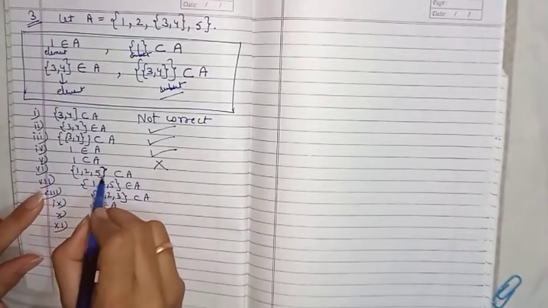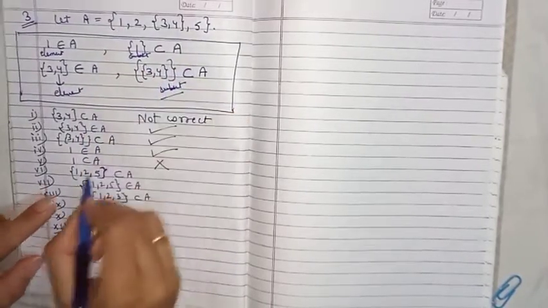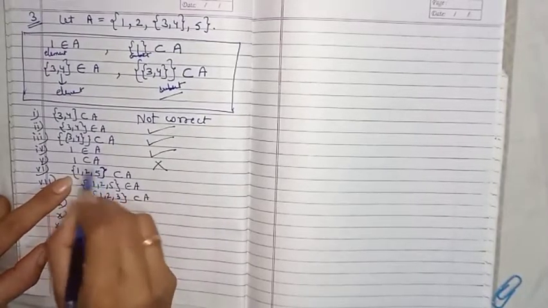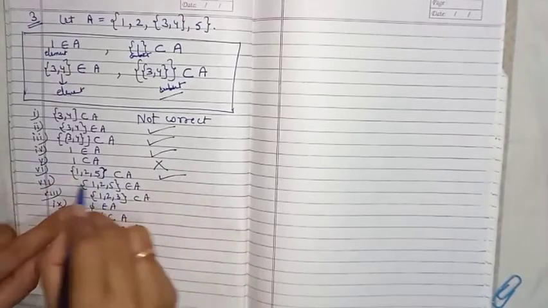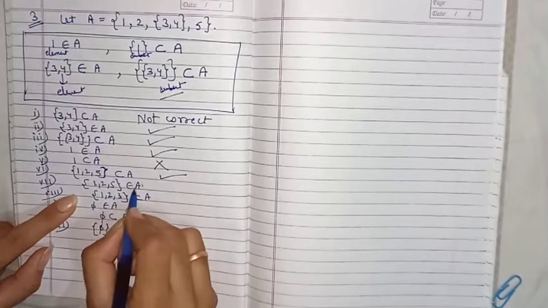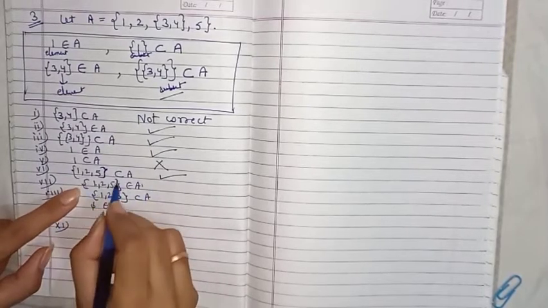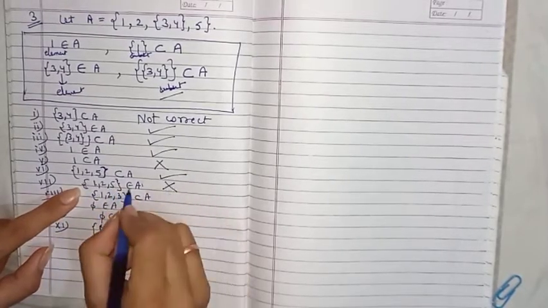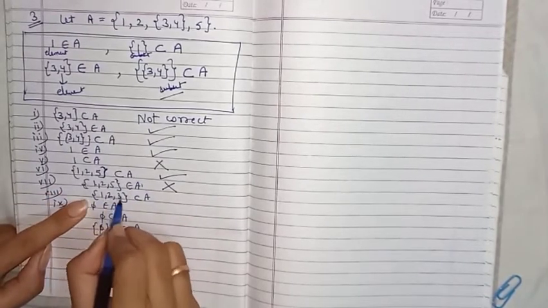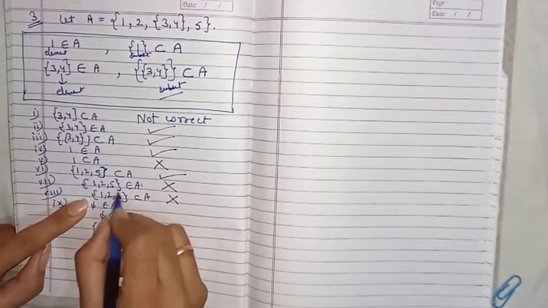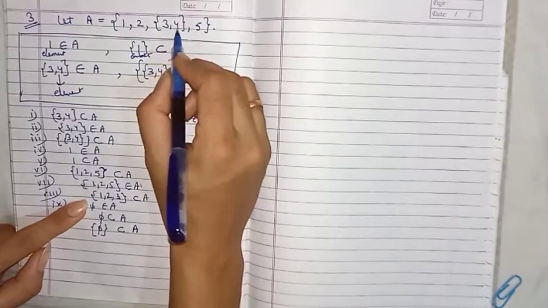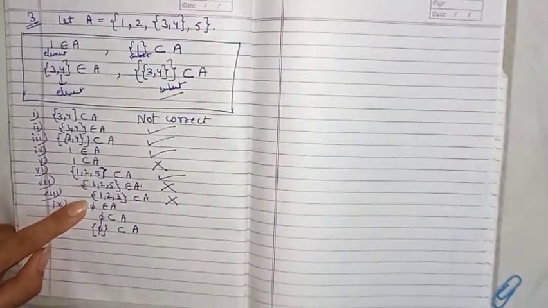1 2 and 5 with single bracket means it is a subset, right? It is a subset, so it is correct. 1 2 5 with bracket belongs to A? No, it does not belong to A, because it is a set, so it is not belongs to, it is subset of A. Next 1 2 3, this is wrong, because 3 cannot be placed without 4, because 3 4 is taken always collectively.